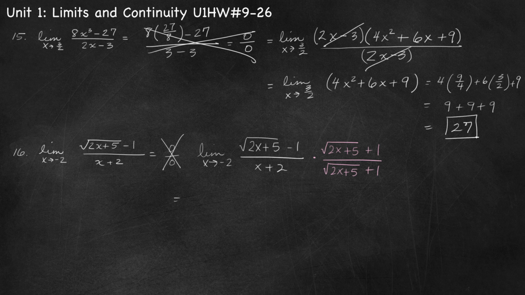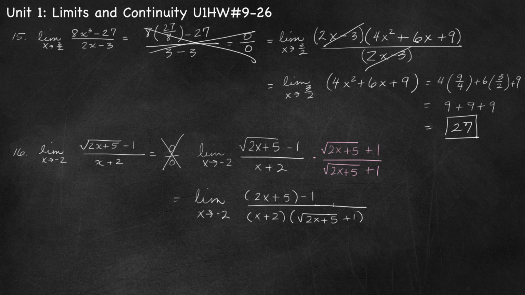And when I do that, I have the limit as x approaches negative 2 of 2x plus 5 minus 1, that's my numerator. And then in the denominator, I'm not going to multiply this out because I'm hoping something will cancel. So I'm going to leave this as the factored expression on the bottom.